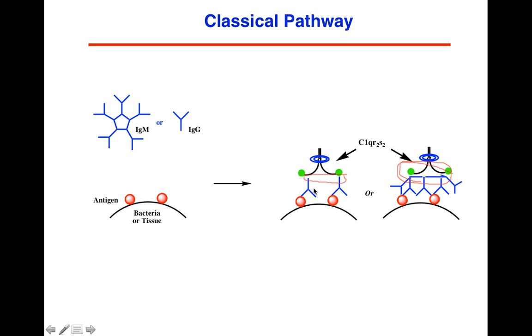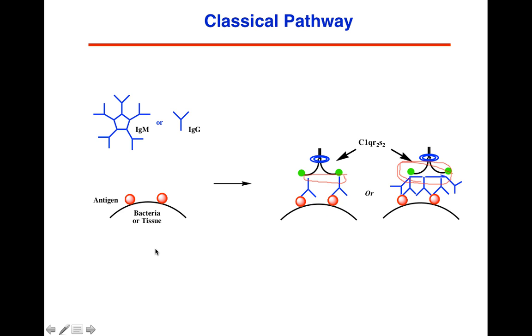For IgGs that are bound to a surface, the antigens have to be placed right, so that the IgG FC regions are the right distance apart in order for complement to bind to it.